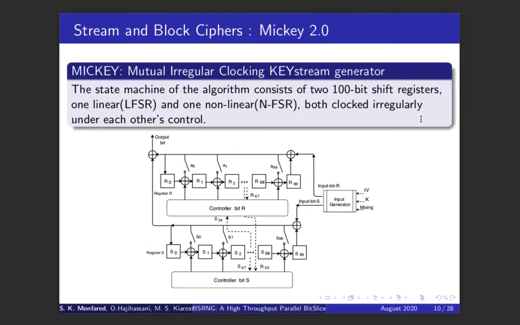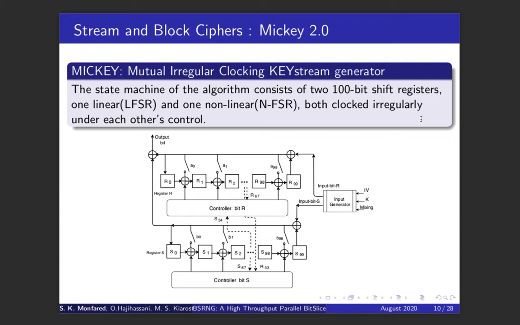First, we have chosen the algorithm called Mickey2. It's a stream cipher algorithm, and as you can see, it consists of two 100-bit shift registers.